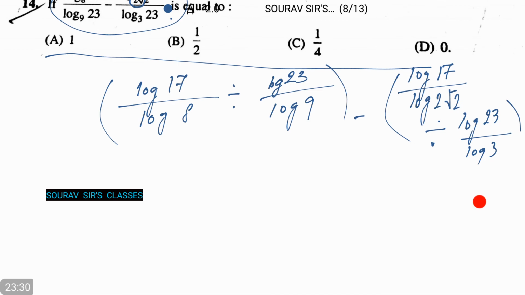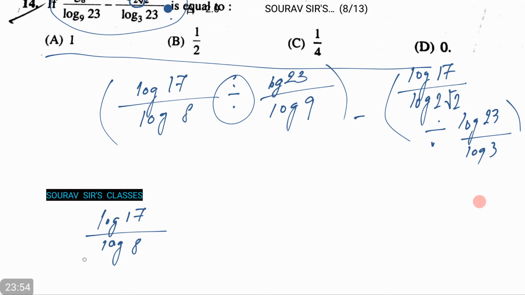So we just need to evaluate this. We can do this as log 17 by, let me just write it more clearly so you can understand it better. This division sign will be a problem now.